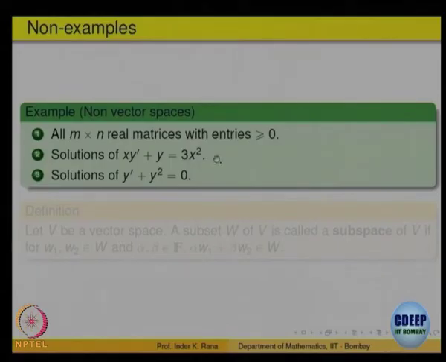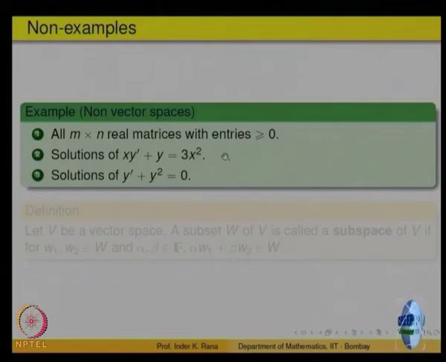So, can I say y1 + y2 also satisfies this? If I put in y1 + y2, this will give you the derivatives and y1 + y2, but on the right hand side you will not get 3x². When you add those two equations, you will get 6x². So, it was only when it was 0 that it became a vector space.